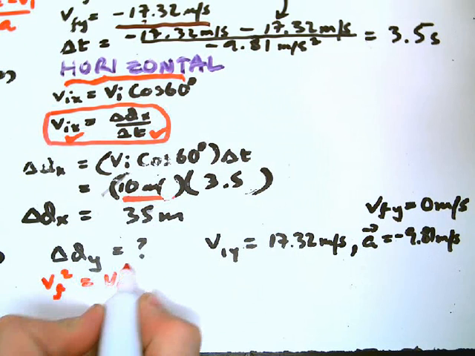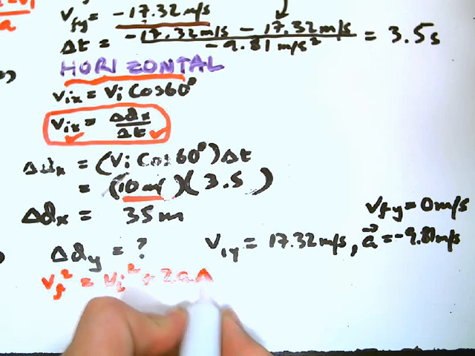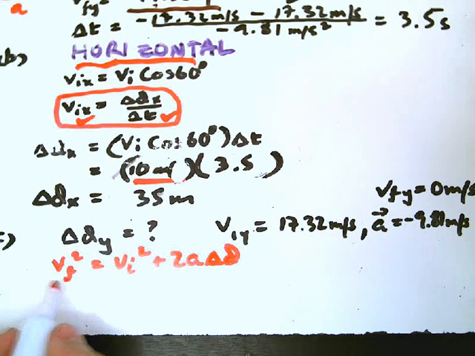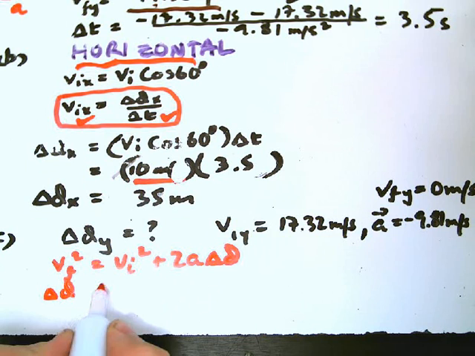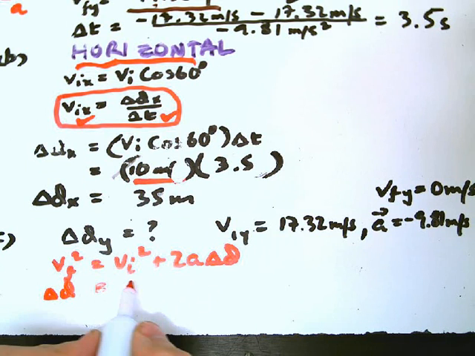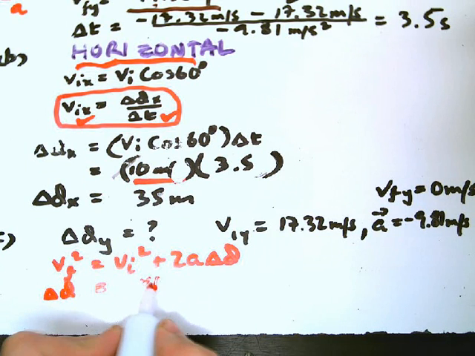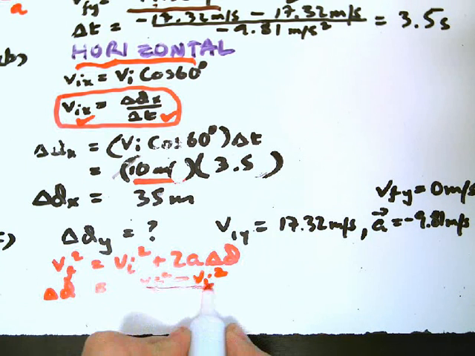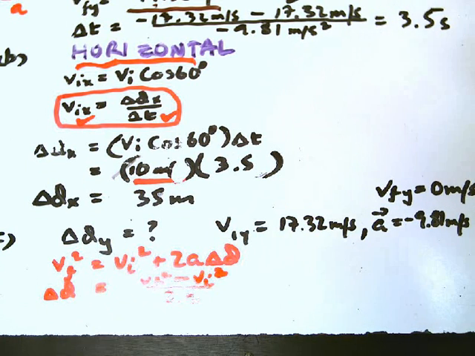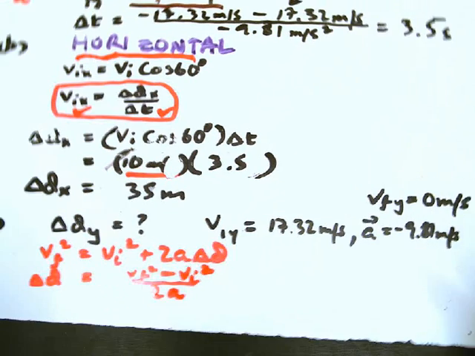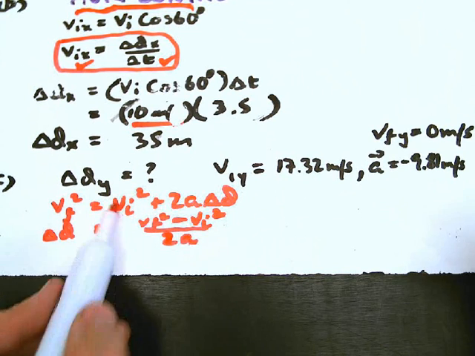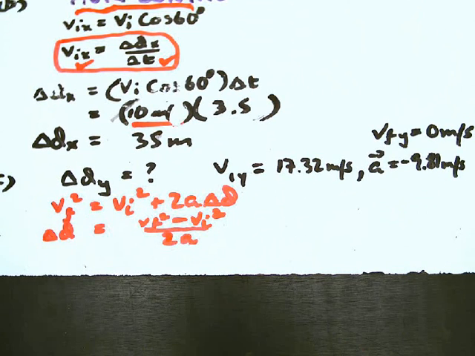Of course, we're looking for delta d, and so with a little bit of algebraic magic again, or of course core mathematics, we will say delta d is Vf squared minus Vi squared all over 2a. And that's just rearranging the equation that's above, by bringing the Vi squared over to the other side and then dividing everything by 2a.